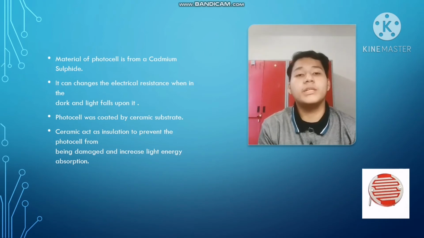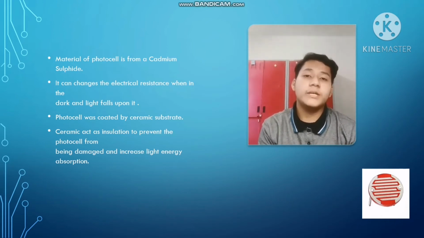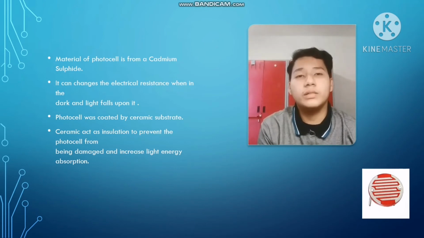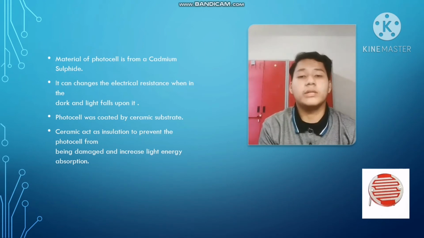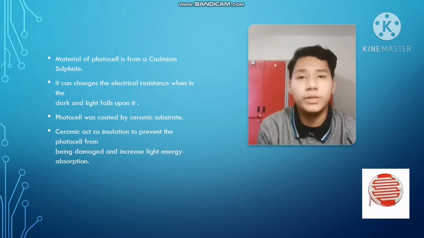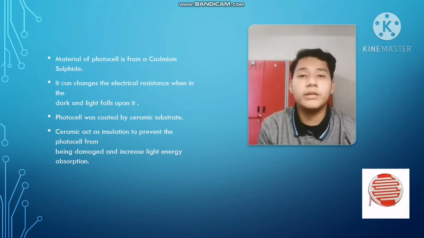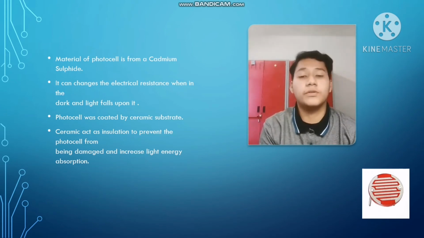The material of the photocell is cadmium sulfide. This substrate can change its electrical resistance when in the dark and when light falls upon it. When the surrounding becomes dark, the resistance becomes low and more electric current can flow across the photocell.